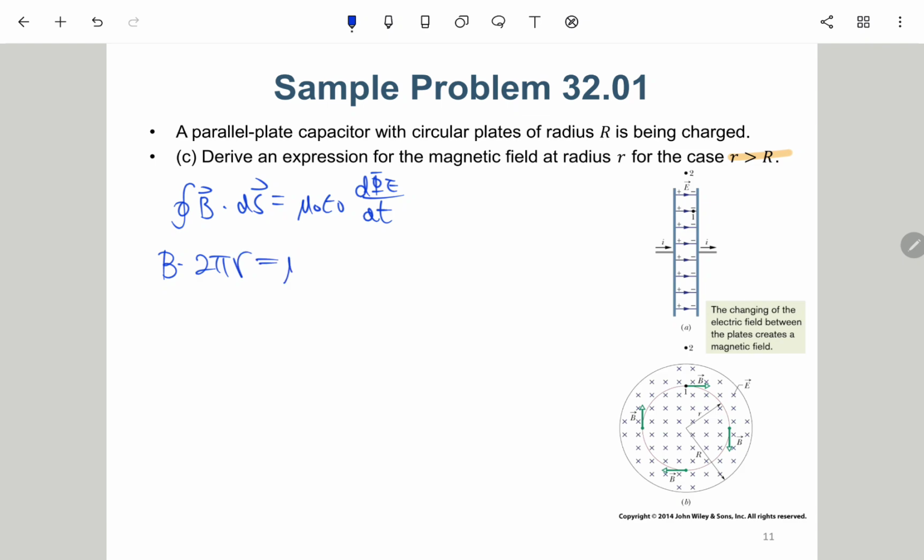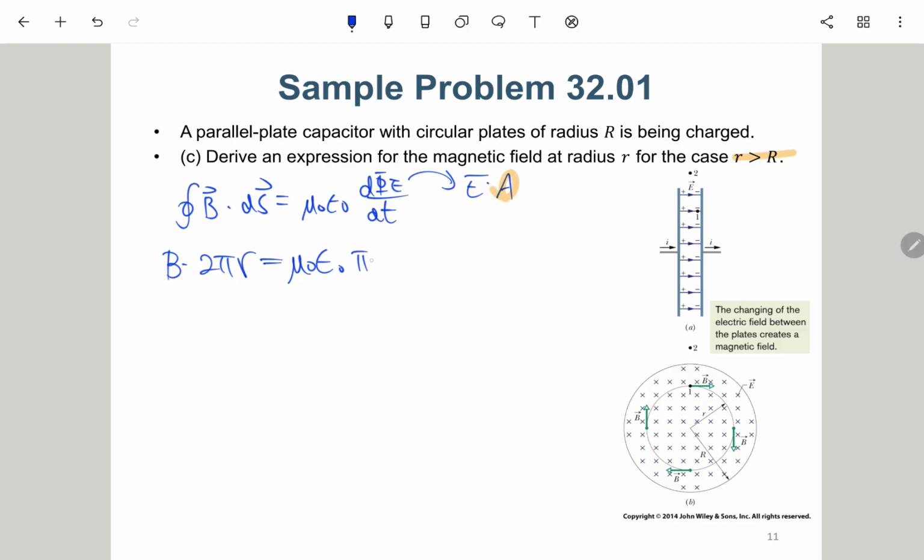And then for the right side, mu naught epsilon naught, and then this turns out to be E times A. But here the A is only pi capital R squared, and then we also have dE dt.